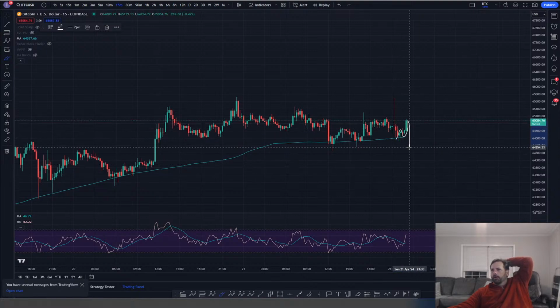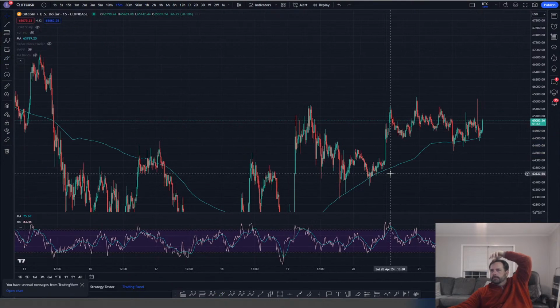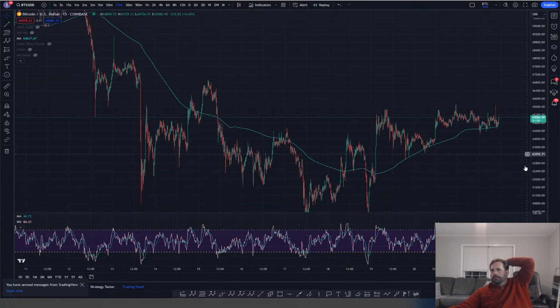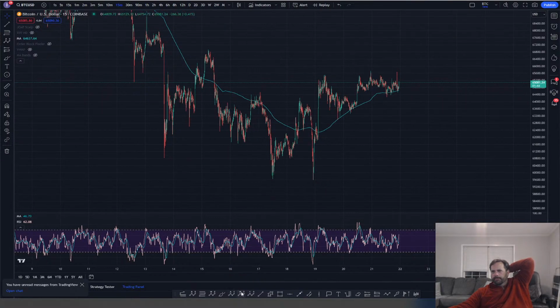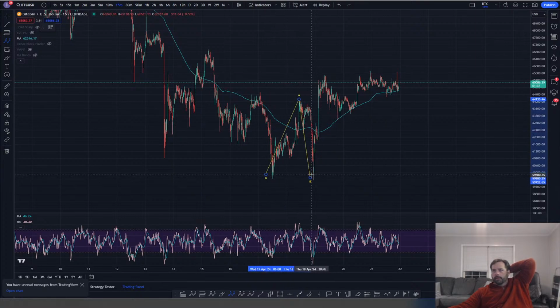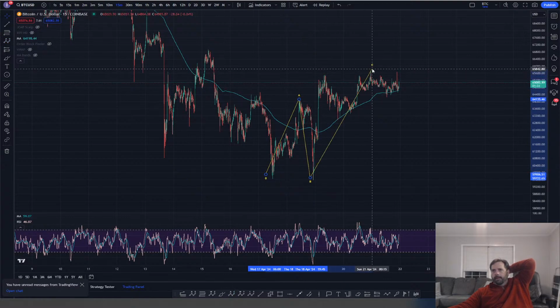If we get a red engulfer after that, then great. Then my downward bias from here is still in play. But otherwise, yeah, I'm not sure how to count this crap. But again, my primary look is that this is very hard though. 3, 3, 5. That could be 5, or that could be 5.